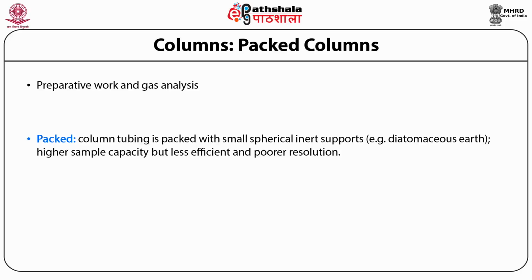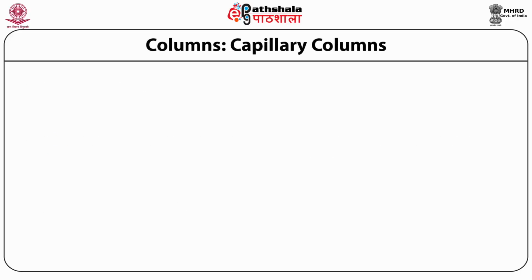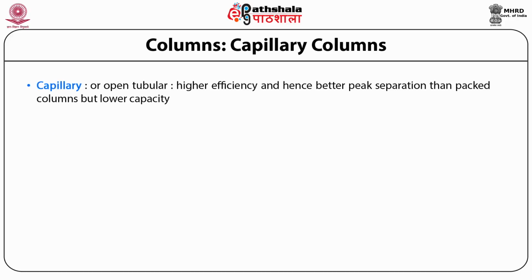Then, as I said before, the inner diameters can range from 1.5 millimeters to 6 millimeters, and it is because of this that the packed columns have much higher sample capacity. However, compared to a capillary column, they will be less efficient and the resolution will be much less. As against the packed columns, there are capillary columns or open tubular columns. They have a much higher efficiency and hence better peak separation than packed columns, but because of their diameters, their capacity is much lower.